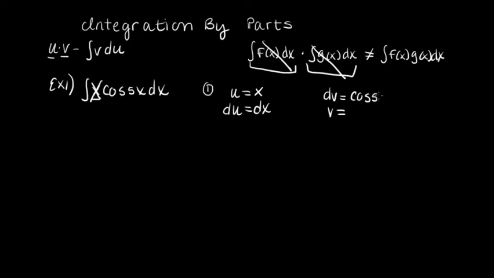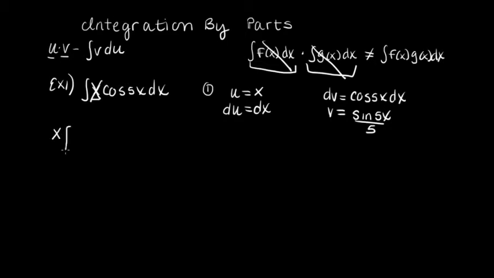So dv is cosine 5x dx. Just like u to du is the derivative, we're going to take the antiderivative of cosine 5x, which gives us sine of 5x all over 5. Now we just have to plug into our equation. Our u is x.